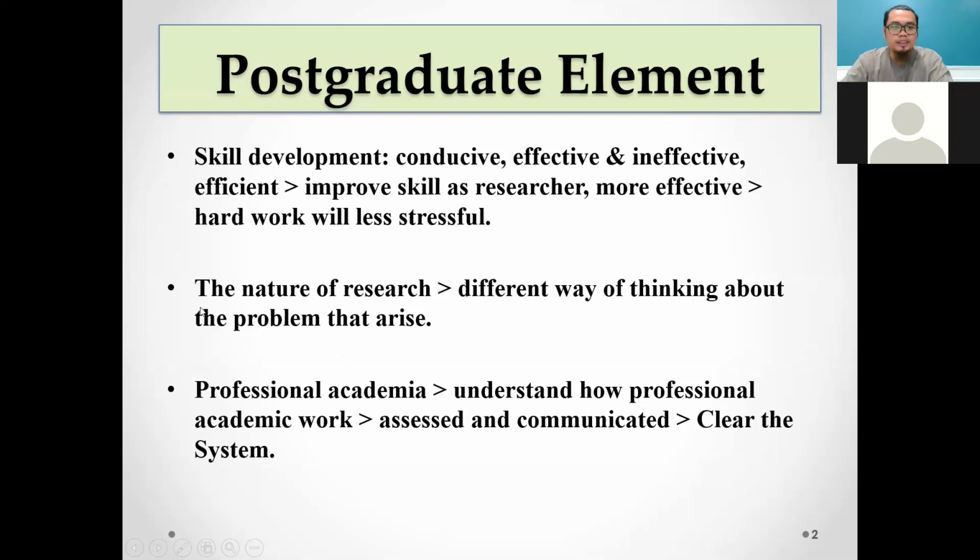Number 2 is the nature of research, a different way of thinking about the problems that arise. I have a few problems with PhD and master's students. For example, when you write your research background, you try to explain the industry background, but you do not explain your research background. The keyword is research, so you want to do research. So what are the issues in the research? Don't write about the general one.